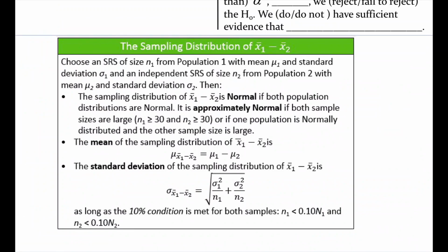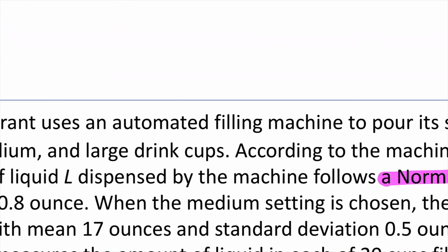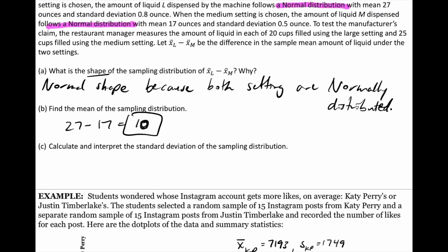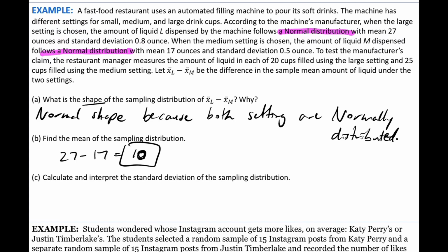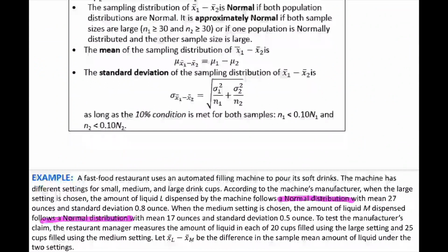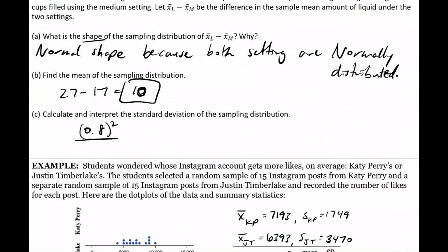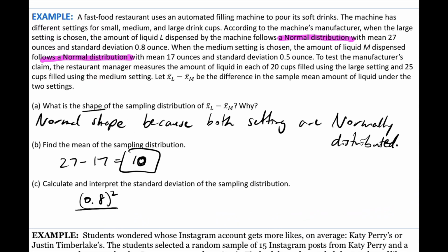Calculate standard deviation. The standard deviation of the first one is 0.8 squared over n1. Sorry, I wrote down the wrong number, it's 0.8. How many is our first sample? 20.